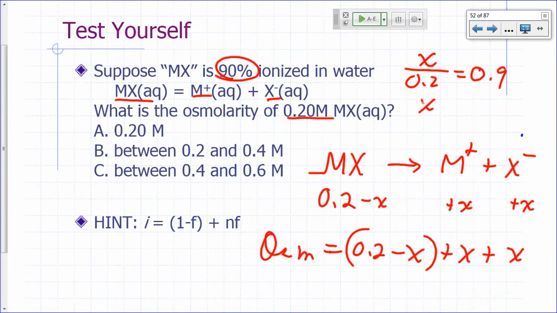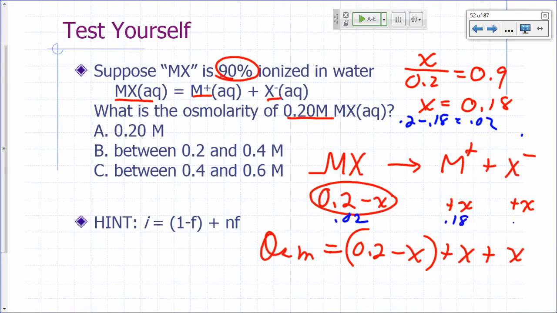So what is x then? 0.18, right? So what is 0.2 minus x then? 0.2 minus 0.18 is 0.02. Only 10% would be left, right? So MX would only be 0.02, and M+ will be 0.18, and X- would be 0.18.